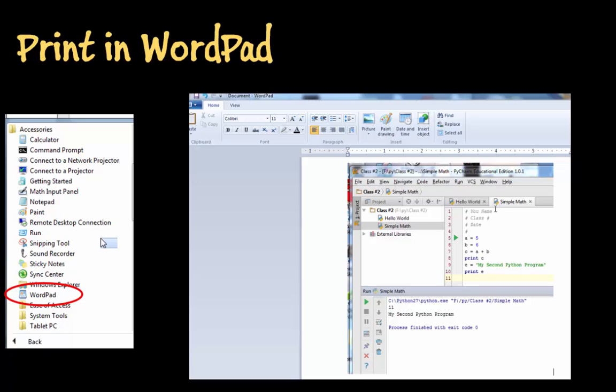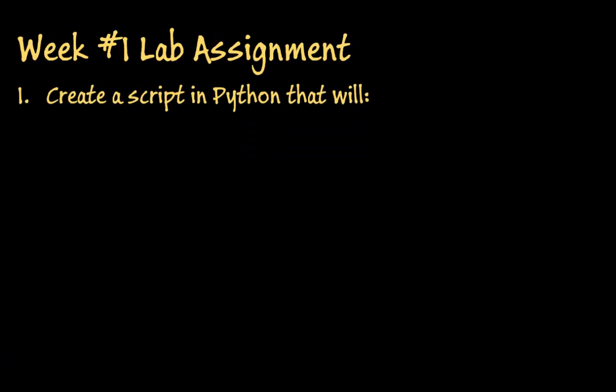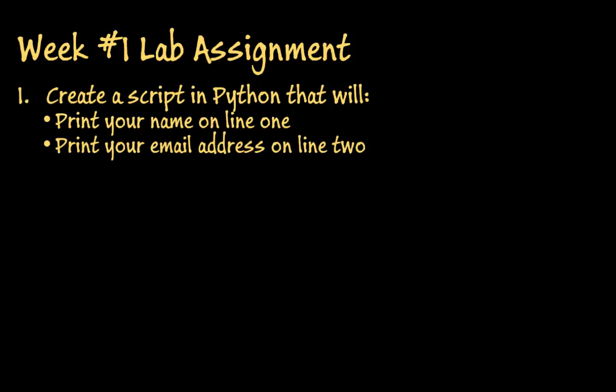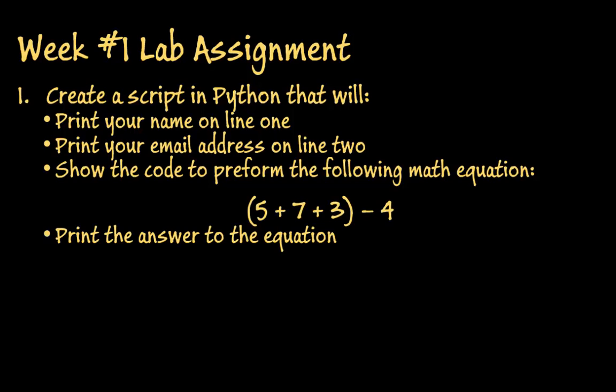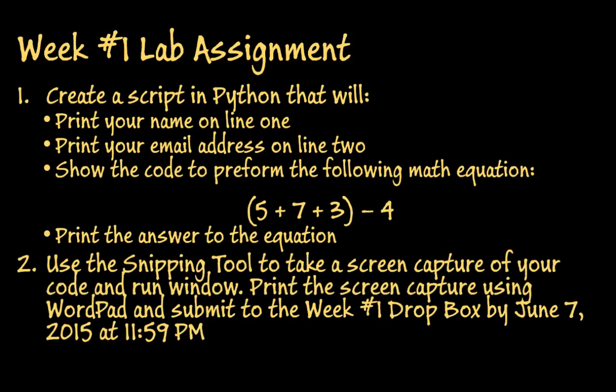Let's take a look at the week 1 lab assignment. First of all, I want you to create a script in Python that will print your name on the first line, print your email address on line 2, and show the code to perform the following math equation. Print your answer to the equation, and then use the snipping tool to take a screen capture of your code and run window.